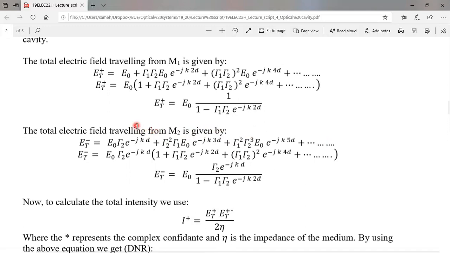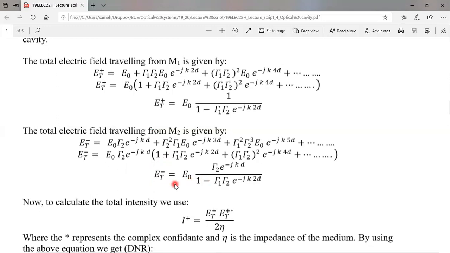Again, you can have this whole term as a common factor. And then you will have 1 plus gamma 1 gamma 2 e power minus j k 2d plus and so on, which is typically the same as the above series. And then you can say that Et minus is equal to E naught gamma 2 e power minus j k d over 1 minus gamma 1 gamma 2 e power minus j k 2d. This is the E total minus.